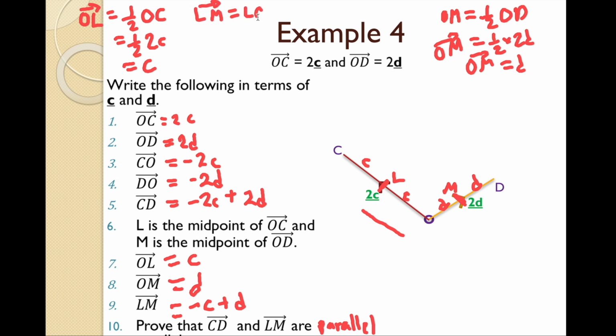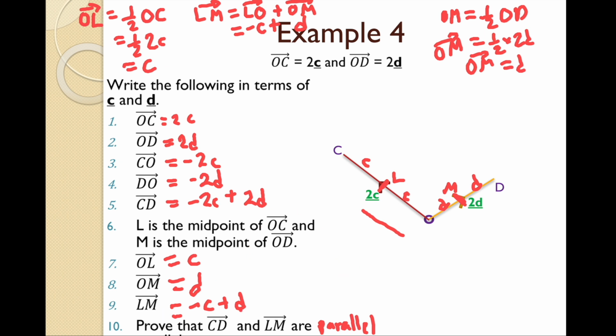So L to O plus O to M. L to O is equal to negative C, and OM is equal to D. So negative C plus D gives us LM. So LO is negative C, OM is D. So LM is equal to negative C plus D.